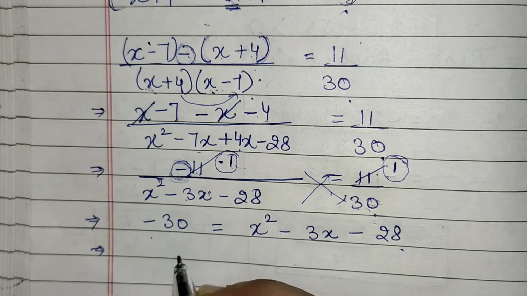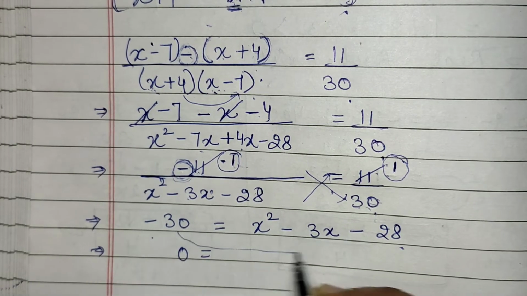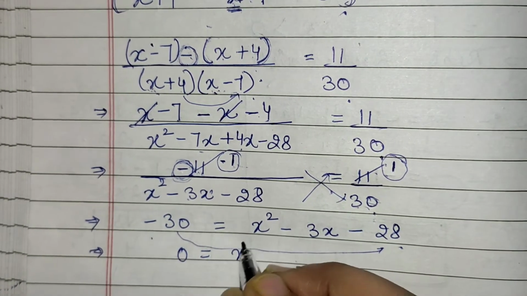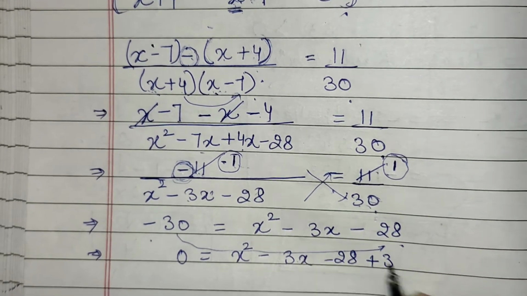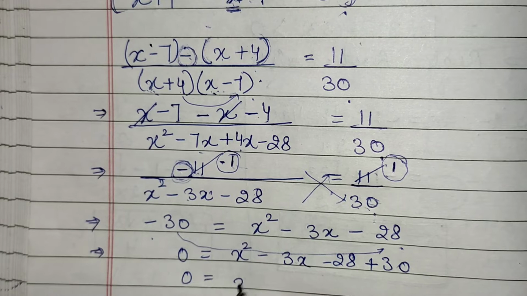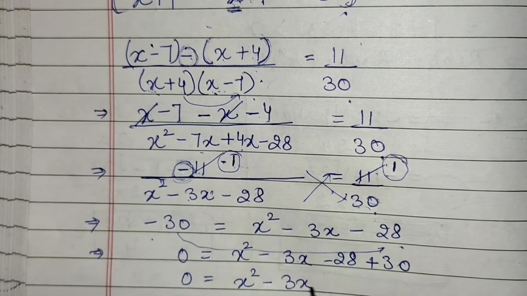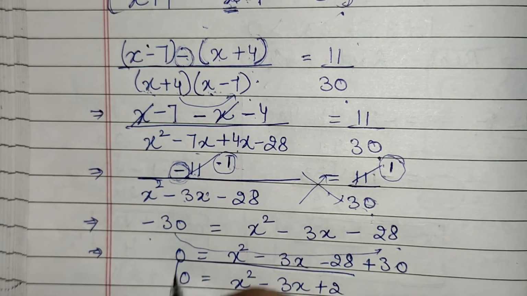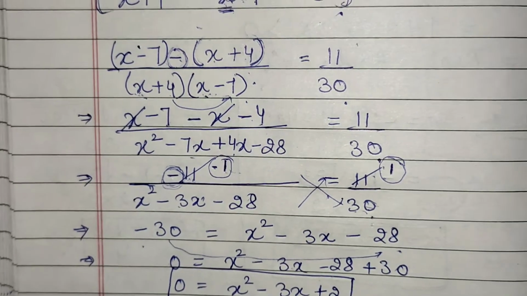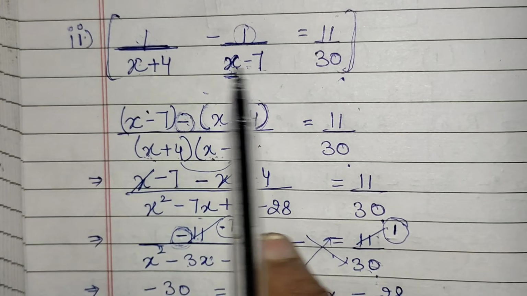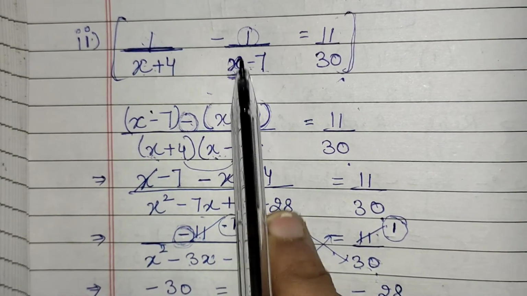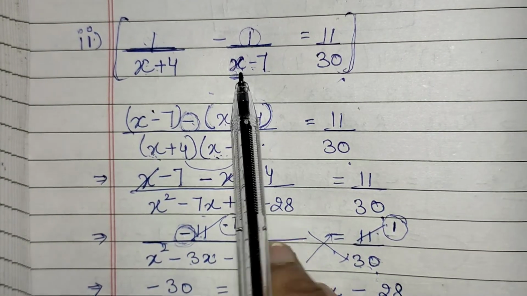Okay, so let's move on to our main part, that now minus 30 will go here and it will become positive, minus 28 plus 30. So 0 will be equal to x square minus 3x plus 2. So see, earlier you could think that this equation is not a quadratic because the highest power of the equation was not equal to 2.